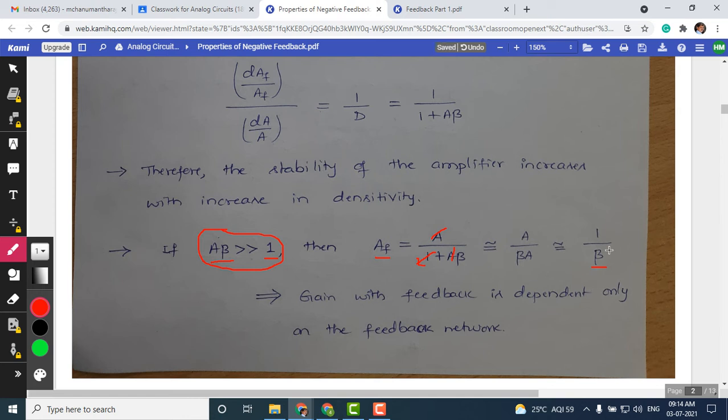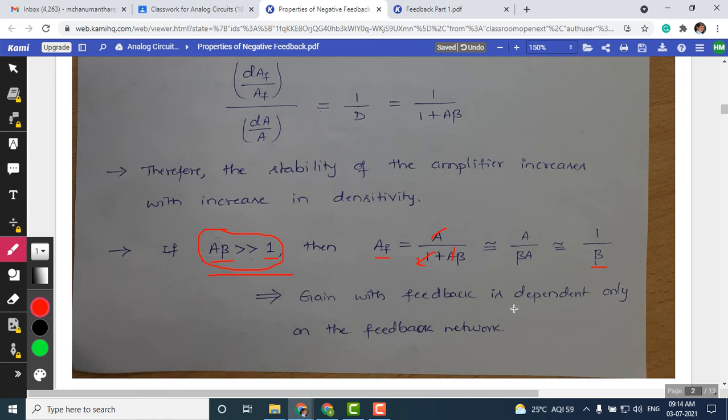Okay, that means it is independent of the amplifier gain A. Even though there is a change in the amplifier due to some variations in parameters, here there is no A factor at all. Okay, so therefore, the gain purely depends on the beta network. This happens only under this condition. Okay, that means if you are able to maintain the loop gain greater than unity, then this is possible.